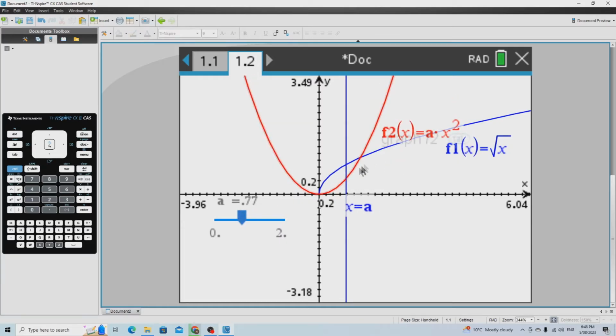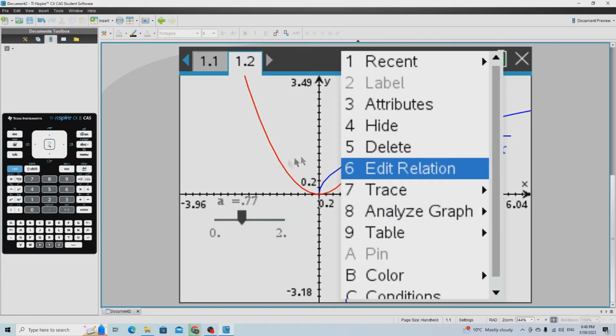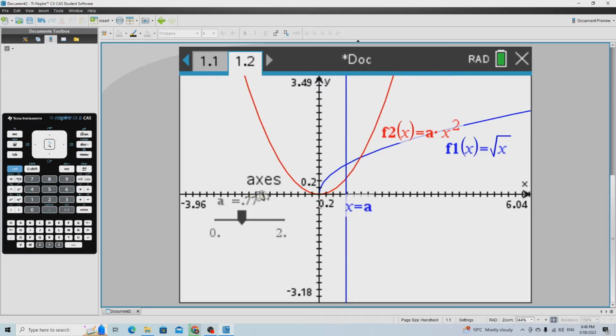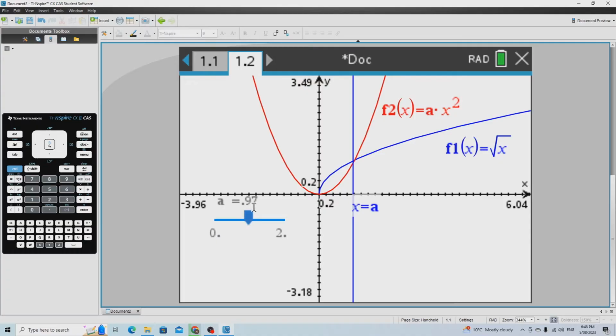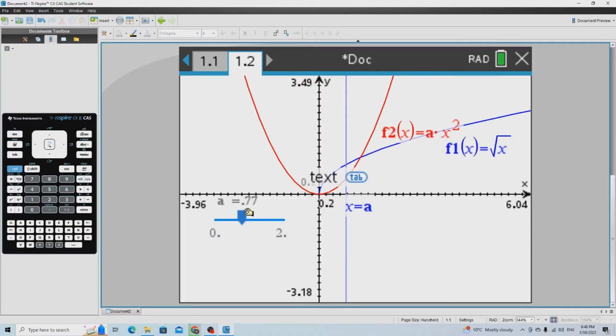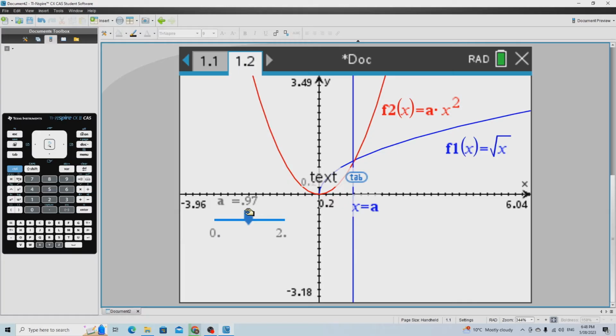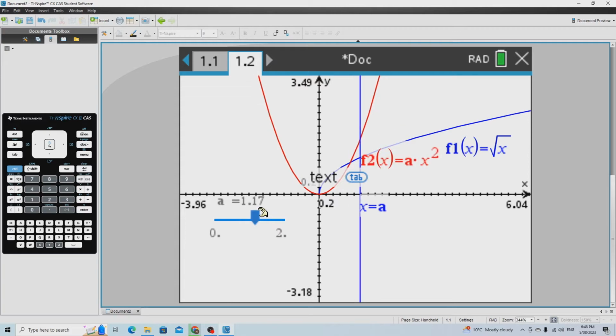So imagine that's 1/3, because at 0.77 that's 1/3. And if we go up, imagine that was 1, and that's 1/3. But what can we see happening to the red graph? It's becoming smaller, and our value of a is getting bigger.